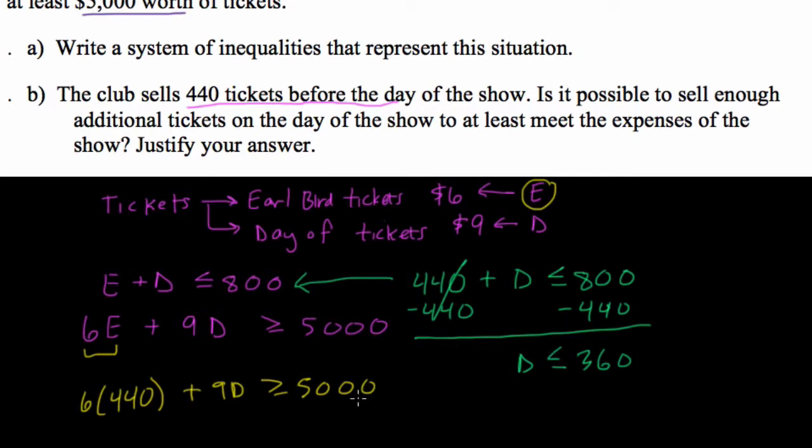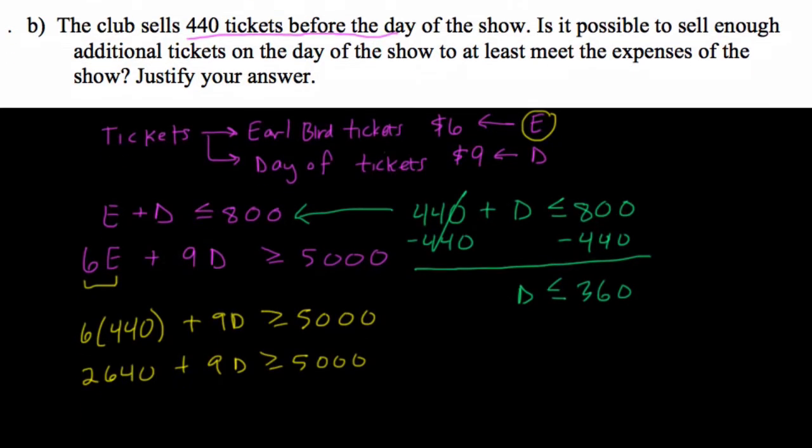So what does that mean? If we go back to our equation right here, I'm going to first multiply 6 times 440. 6 times 400 is 2,400, plus 6 times 40, which is 240. So that's $2,640. Plus 9 times D has to be greater than or equal to 5,000.